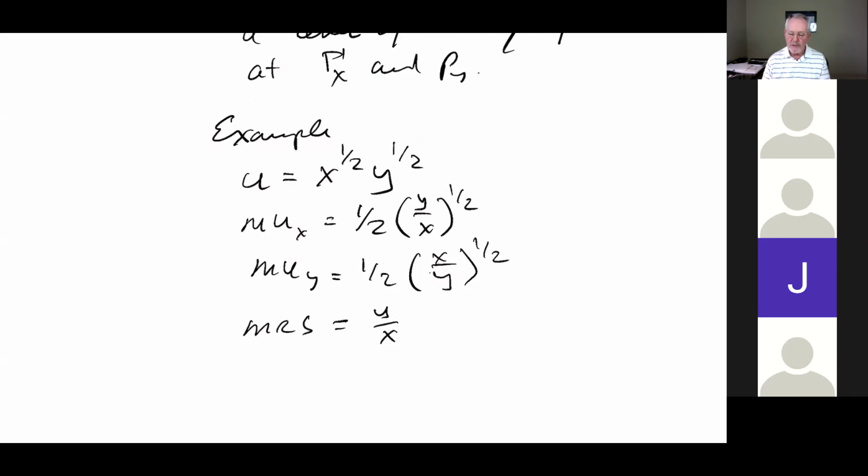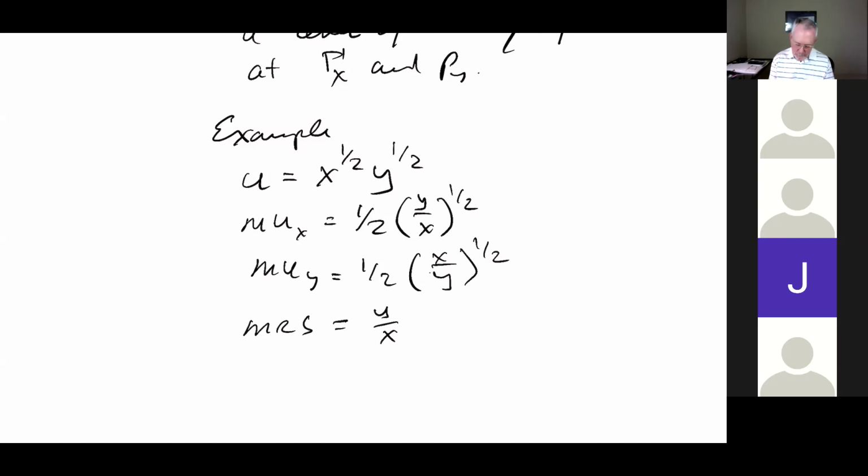So I know what the individual's marginal rate of substitution is. It's always Y over X. And this has nothing to do with market prices. This simply has to do with my individual's tastes and preferences, which yield a willingness to trade that depends on the specific values of the two goods that the individual has.